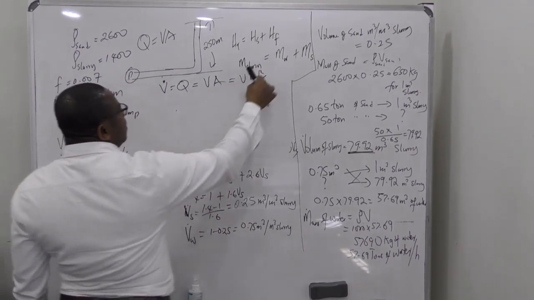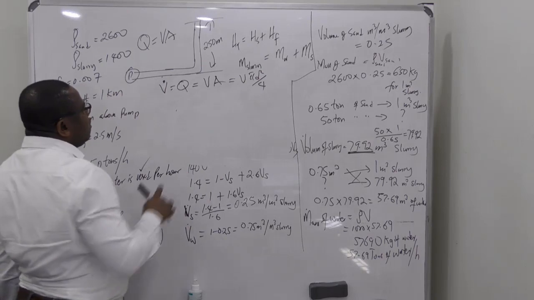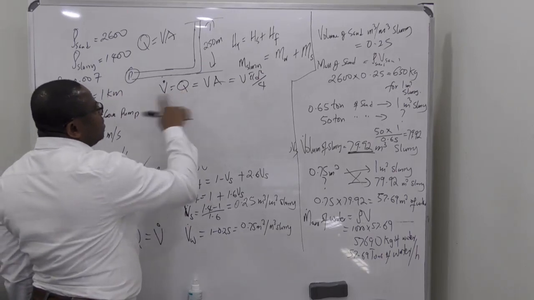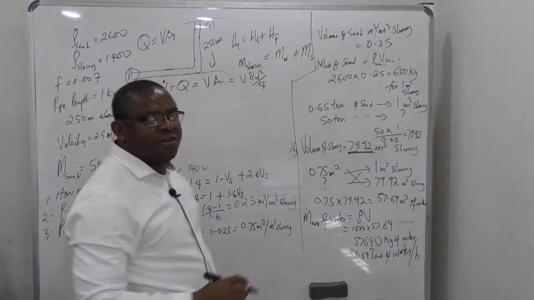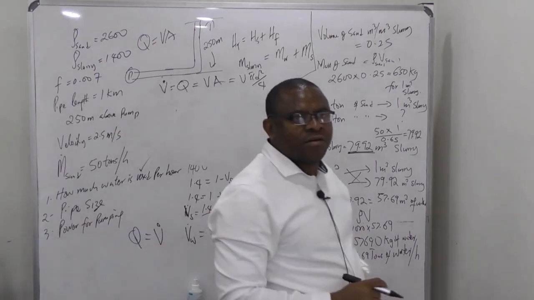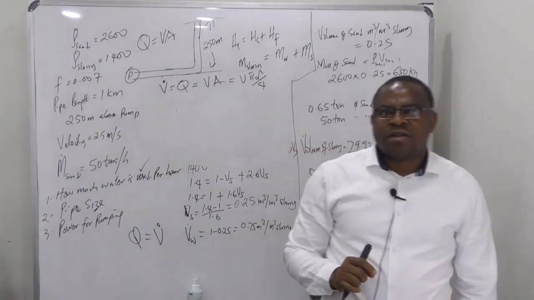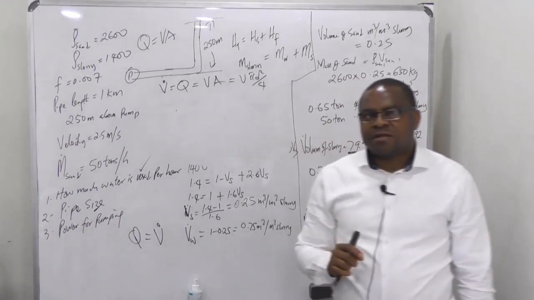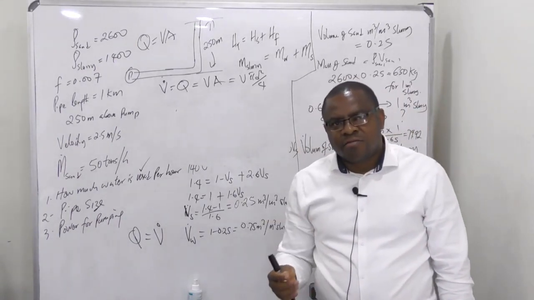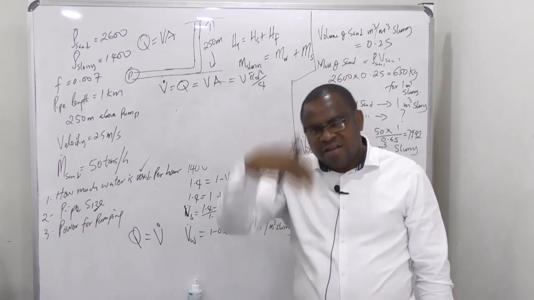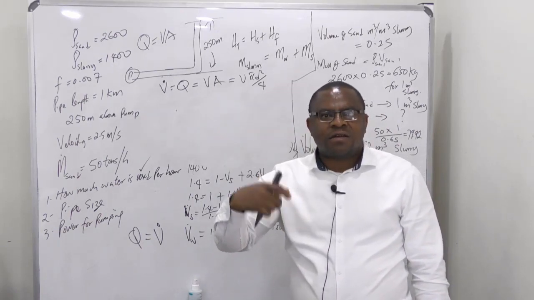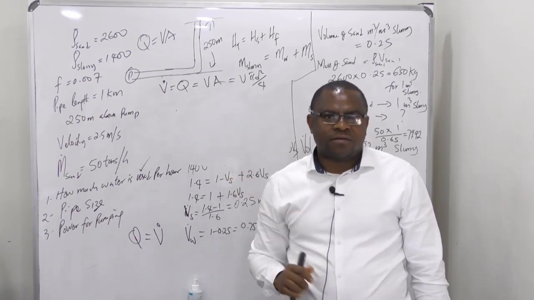I just need to know the diameter, that's all. So if I know this, then I can easily calculate the diameter. And for us to do that, I need to get the total mass of our slurry. If I get the total mass of slurry, then I can divide by the density to get the flow rate.